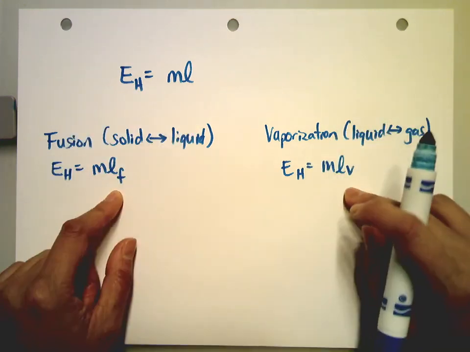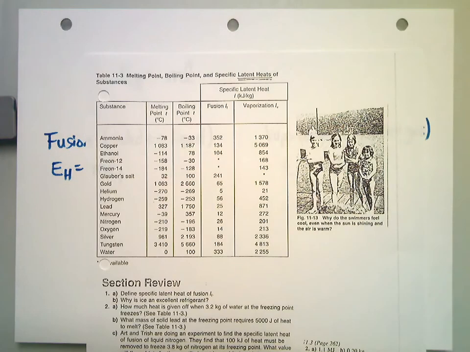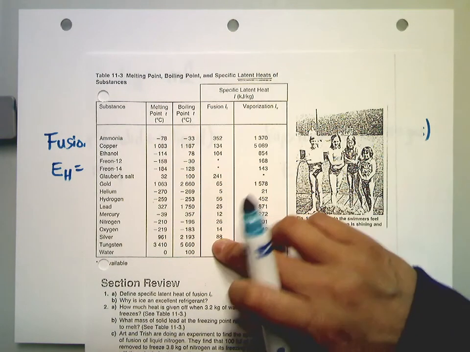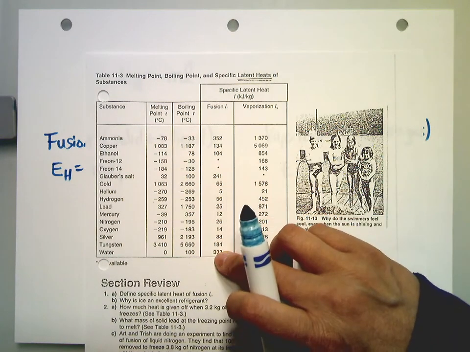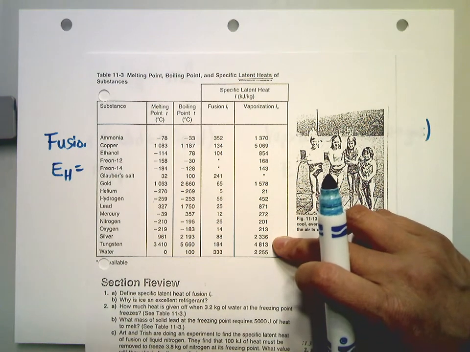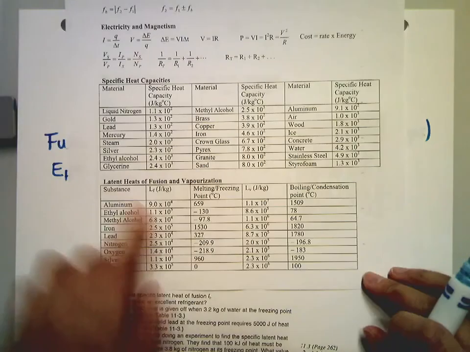What the subscript means is that you have to look up these values, just like heat capacity. Specific heat capacity is discovered through experiment, and same with latent heat. So you look up in a chart, and here's the chart. Again, fusion, you would use this one, and this would only apply to melting or freezing. This one would be applied to boiling or condensation, so vaporization. If you look at the formula sheet as well, you have the latent heat of fusion.